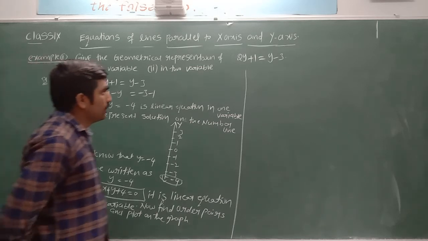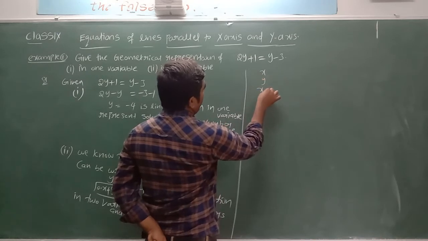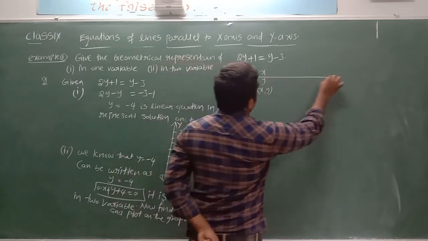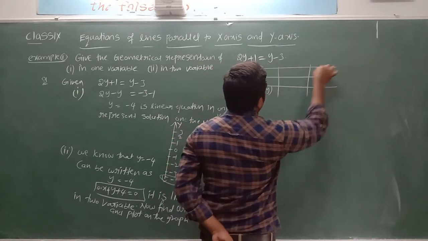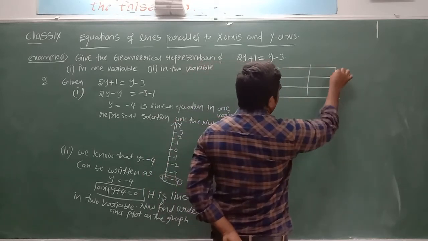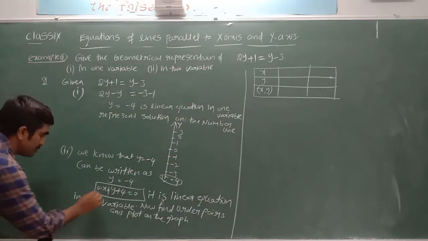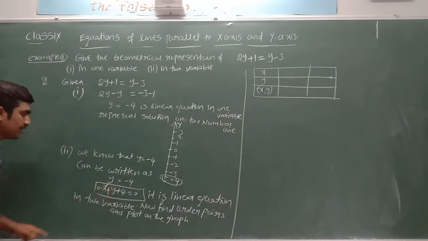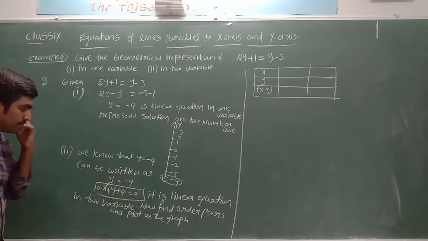Let us check now. So we have to find the ordered pairs: x value, y value, and ordered pair x comma y. I told you already, 2 points are enough to plot the graph of a linear equation in two variables. The x coefficient is 0, so for every x value the y coordinate we get is the same, which is -4.